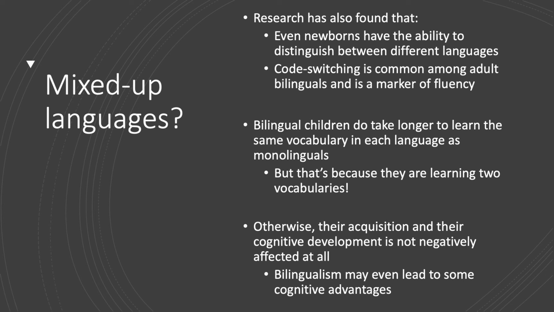So, code switching in bilingual children is unlikely to be evidence that the languages are mixed up. Rather, it is simply the result of the fact that these children are learning two vocabularies. And so naturally, they take longer to complete both of them.